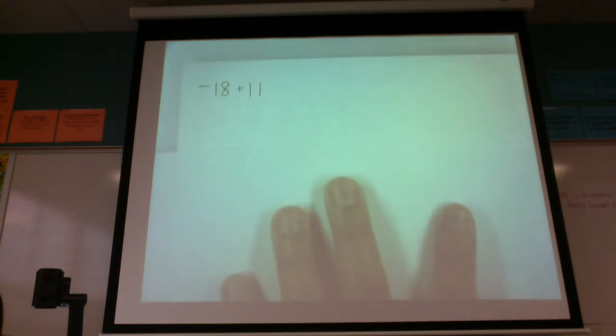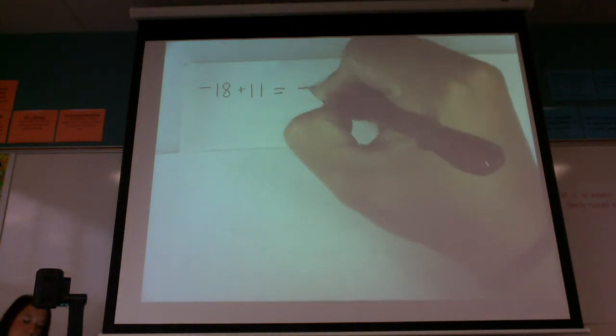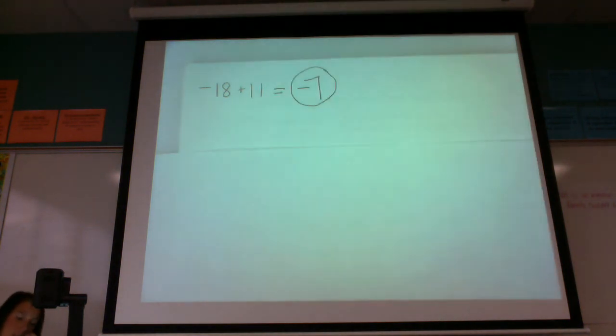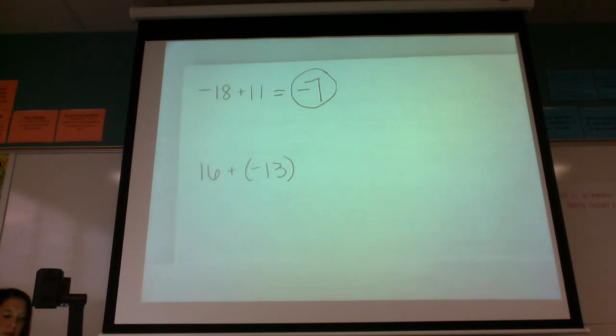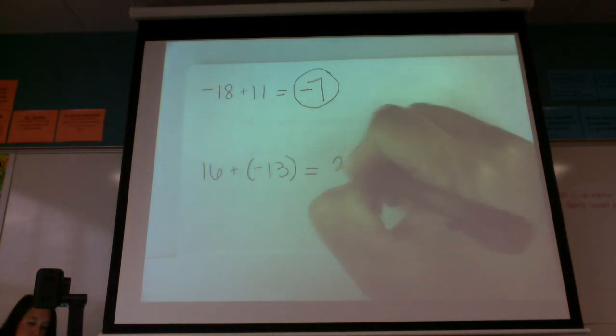Last few examples there. Negative 18 plus 11. That negative number is going to win out that battle. That's going to give me negative 7. 16 plus negative 13. Positive number is going to win out that battle by how many? By 3.